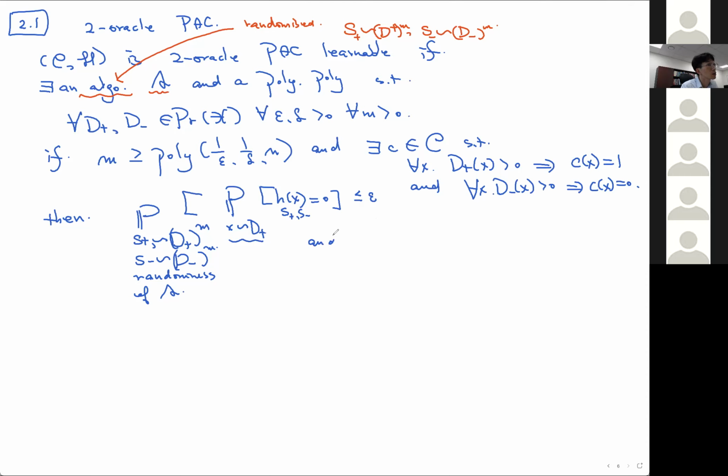And similarly for the negative case, h of x has to return 0, but it returns 1. This is an error, and the error is also bounded by epsilon. Both errors are bounded by epsilon with high probability. So that's the condition of these two oracle PAC learning.